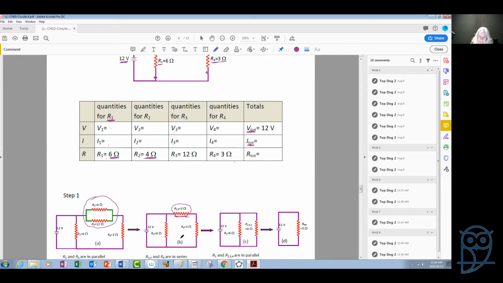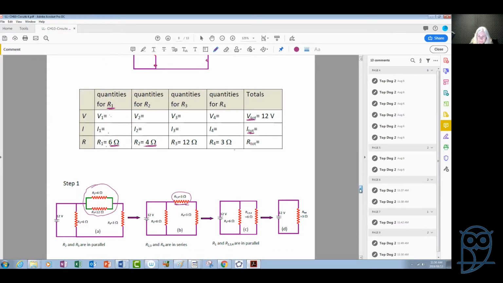Okay. Now we are at this configuration, which is simpler than the first one. If we look at this, we see that this branch here is in parallel to this one, but in this branch we have two resistances in series. This 3 ohms resistor and this 3 ohms resistor are in series.